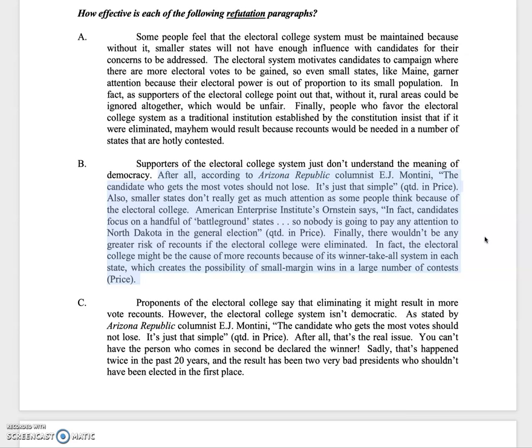So this is a failure as a rebuttal because it doesn't just focus on one of the other side's points, and it doesn't explain that point and then say why that one point is wrong. Because remember, a rebuttal only focuses on one point at a time of the other side, so you can really hone in. And this is just all over the place.